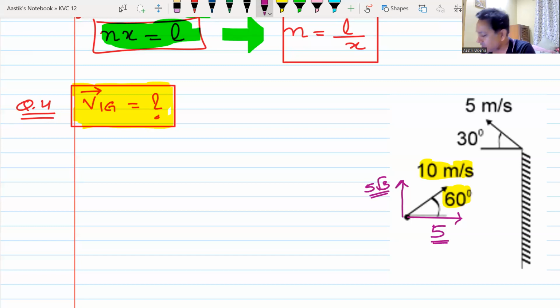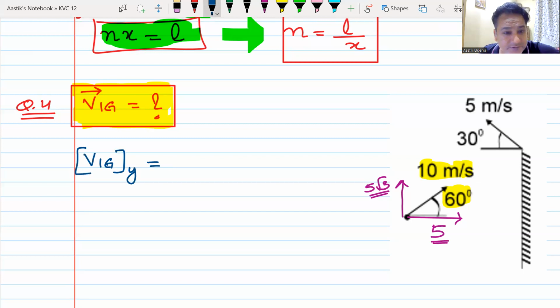So I got these two components. As soon as I get this component, I can say what is the velocity of image with respect to ground's y component. What is the velocity of image with respect to ground's y component, my dear friends? 5 root 3. That is correct.